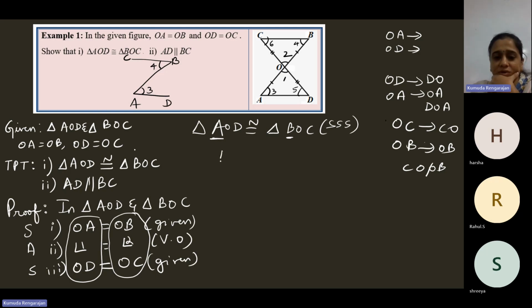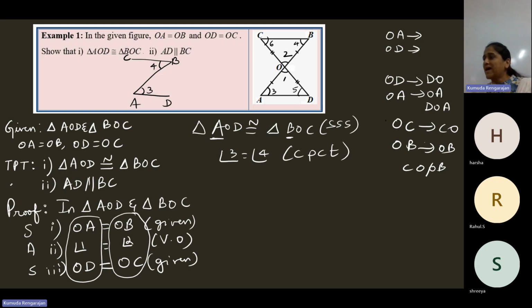Why is angle 3 equal to angle 4? You must say CPCT. Corresponding parts of congruent triangles. Corresponding parts, not the corresponding angles, not that corresponding, matching angles. Don't get confused with alternate angles, corresponding angles, not that corresponding.